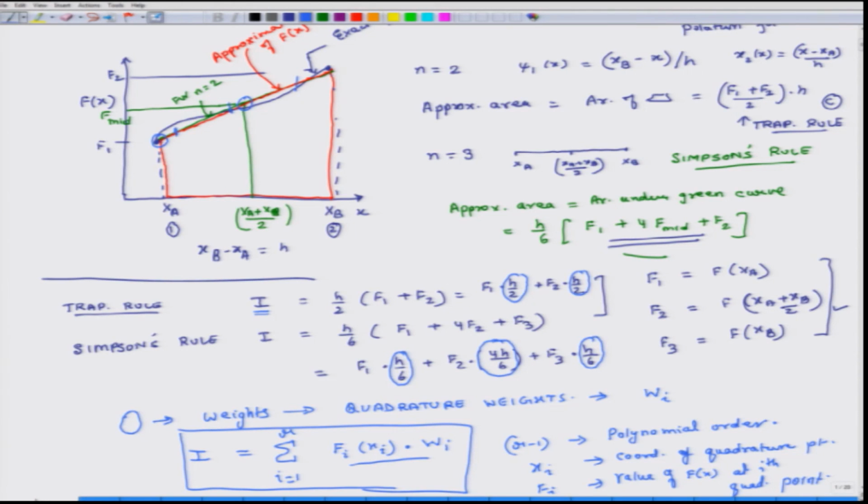And if I add these up, then I get my approximate integral, not exact integral.